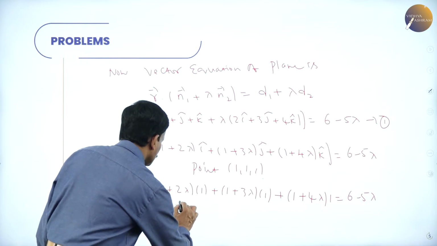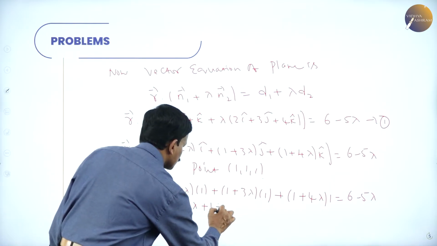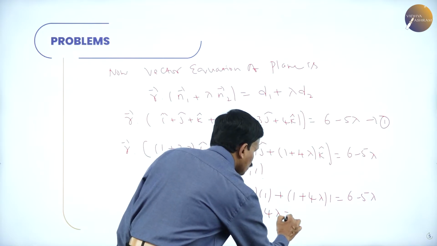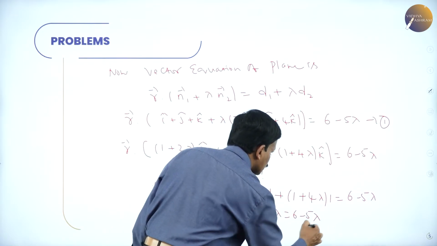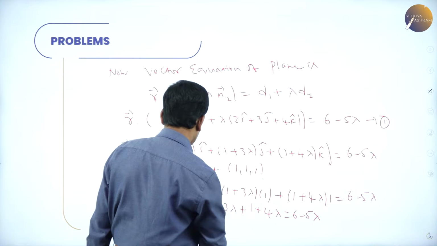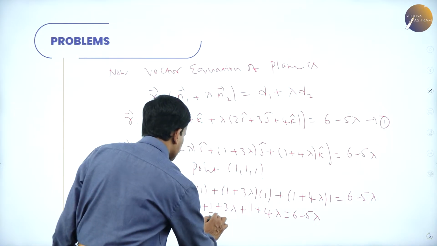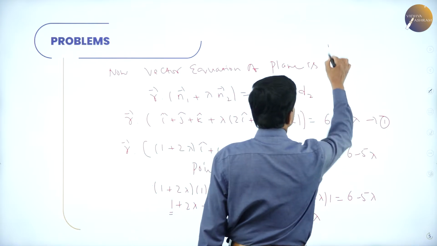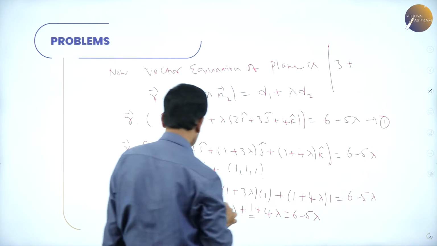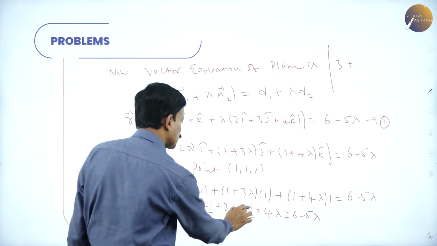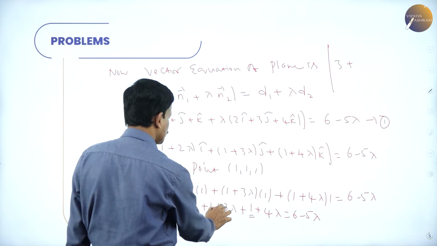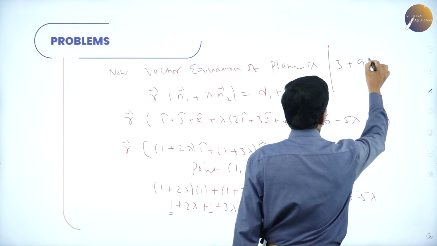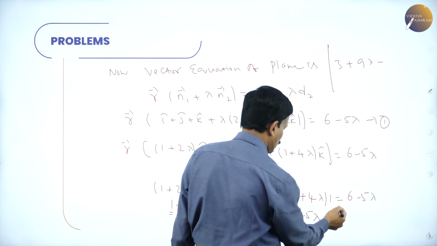Simplify this. 1 plus 2 lambda plus 1 plus 3 lambda plus 1 plus 4 lambda is equal to 6 minus 5 times lambda. 1 plus 1 plus 1 is 3, plus 2 lambda plus 3 lambda plus 4 lambda is 9 lambda. Transfer this to the left hand side.